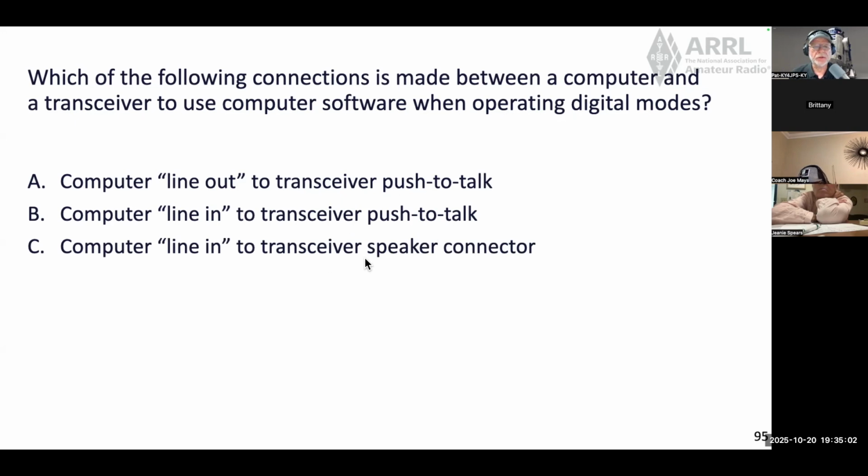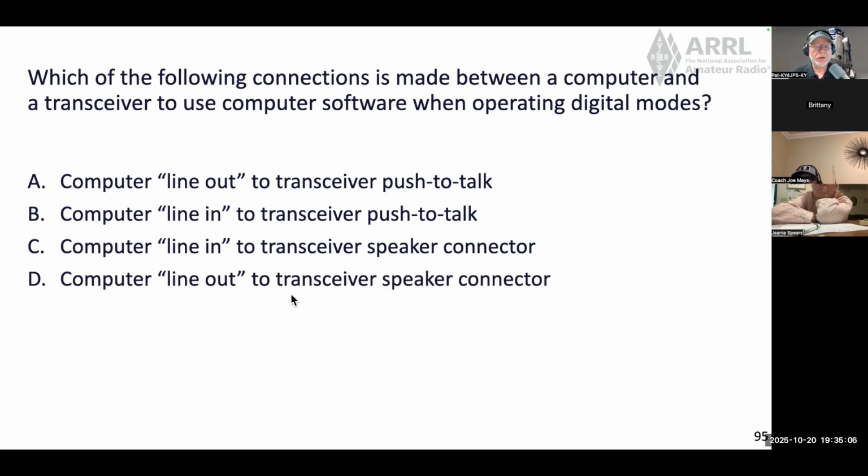Computer line in to transceiver speaker connector. Computer line out to transceiver speaker connector. So what would it be? You've got a computer line in, it's going to the transceiver. It would be the one that's connecting to the speaker, the line in.